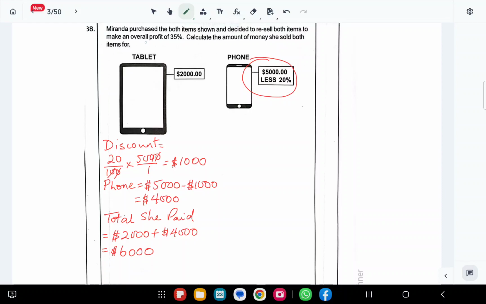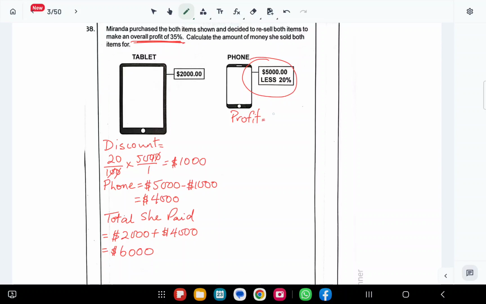From the question, now they said that she wants to resell both items and make an overall profit of 35%. But that means 35% of the cost price. But we don't know how much 35% represents in dollars. So first we need to calculate the profit in dollars.